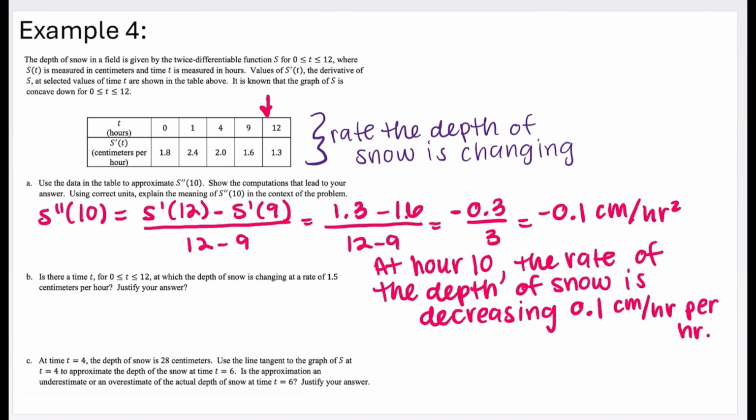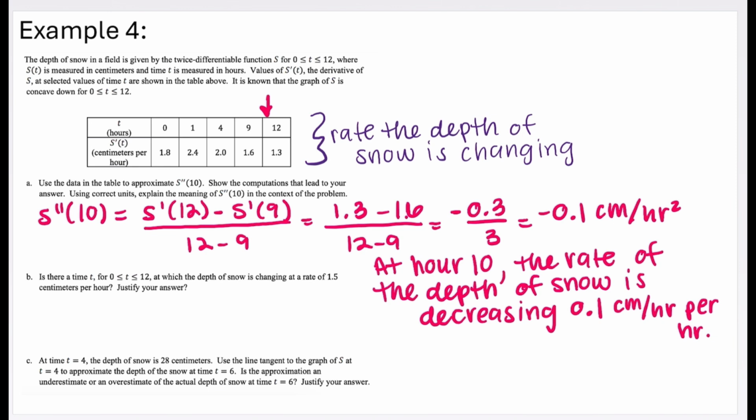So when you're finding a second derivative, it is describing the change of the rate of change. So at hour 10, the rate of the depth of snow is changing. Specifically, it is decreasing 0.1 centimeters per hour. So at hour 10, the rate at which it's snowing has decreased.